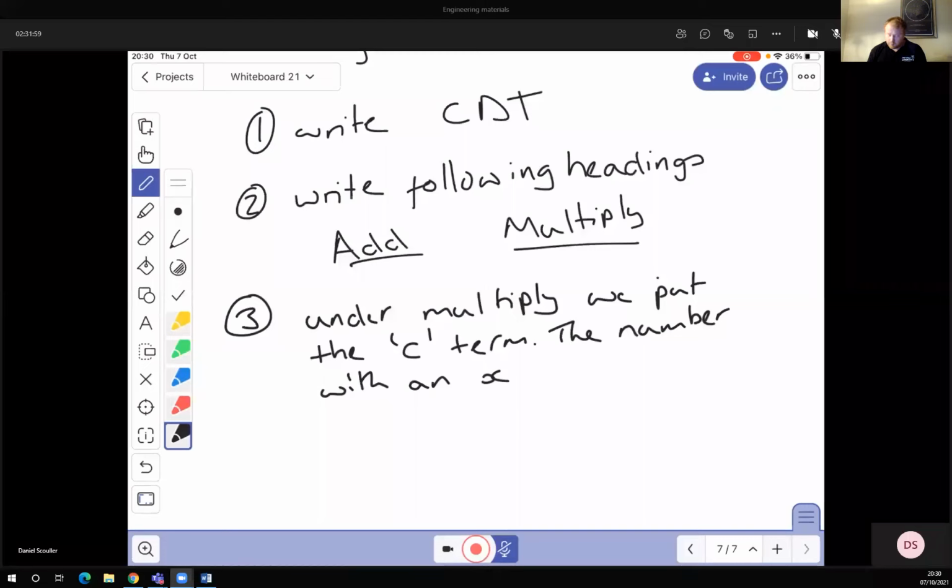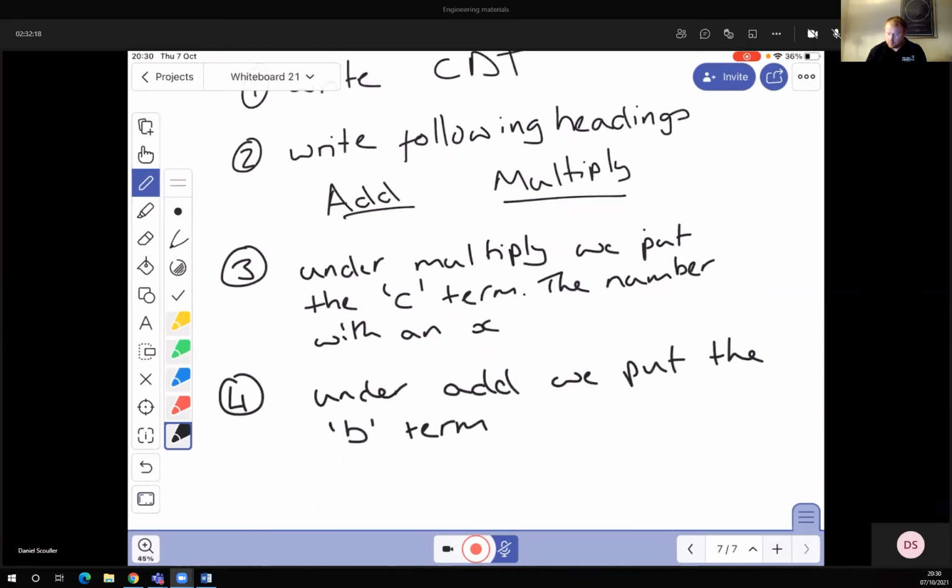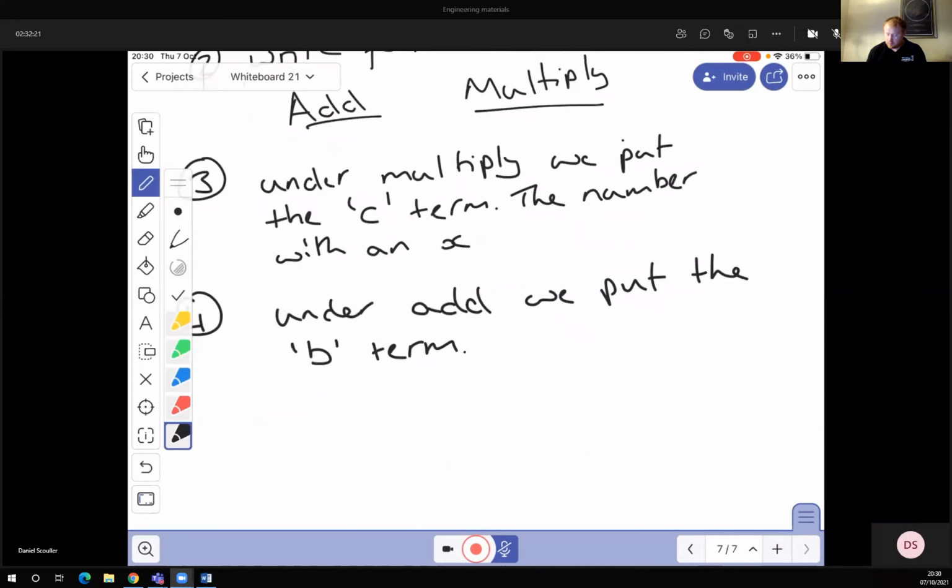Under the add we put the B term, the number in front of x.